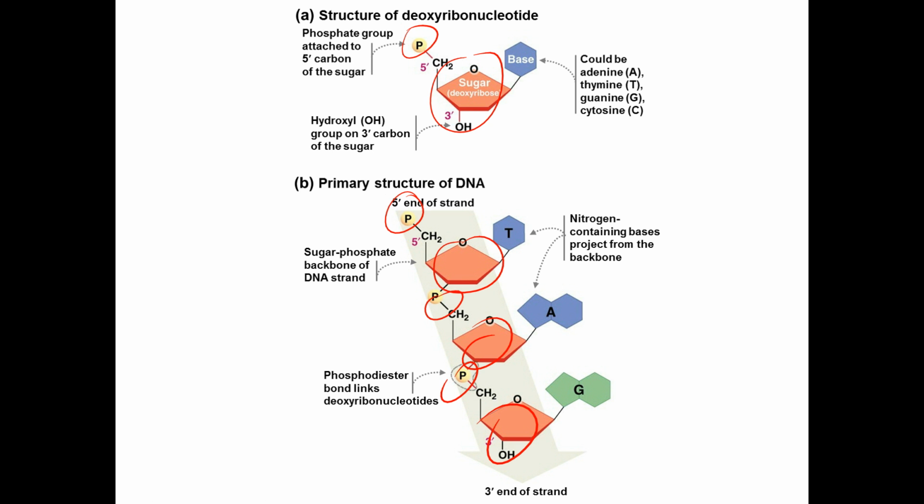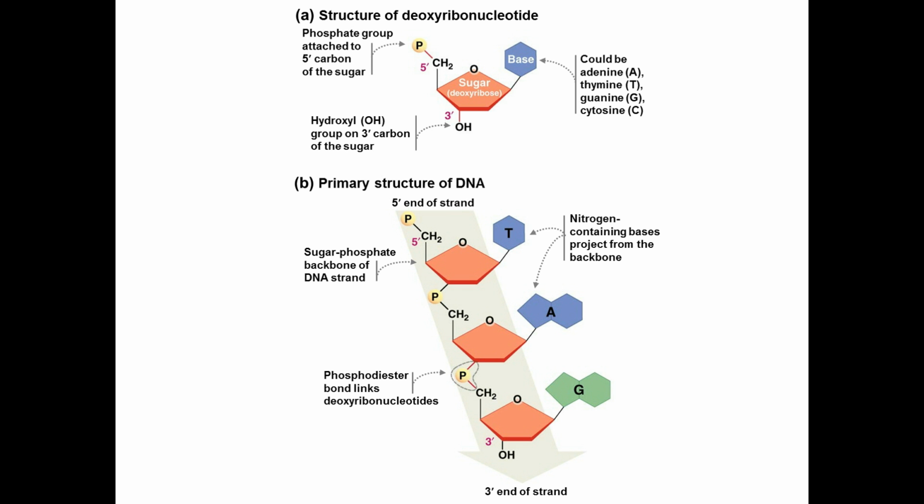That makes up the backbone of DNA. For RNA it would be phosphate, ribose, phosphate, ribose. Then your nitrogenous bases stick out to the side, making up basically the rungs of the ladder.